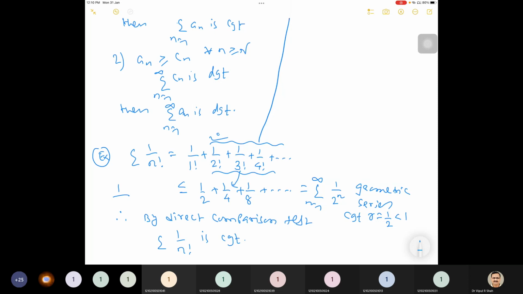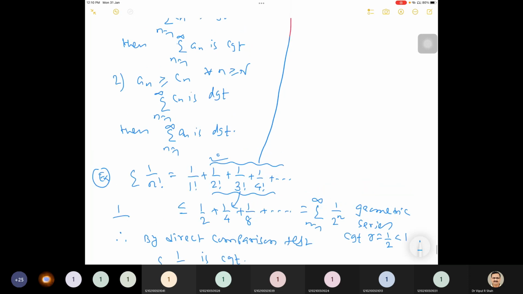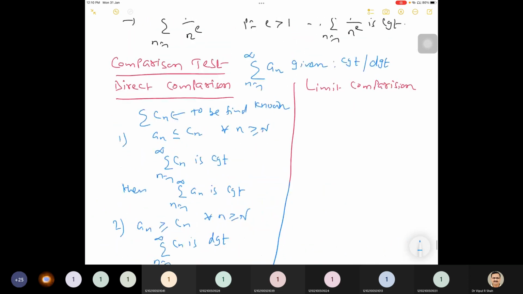Okay. So next we take the statement of this limit comparison test. So let us see what is that. Same way, here you are given series an. Now there is one series, say series bn, and that is a known series. Behavior is known, whether it is convergent or divergent, that we know.